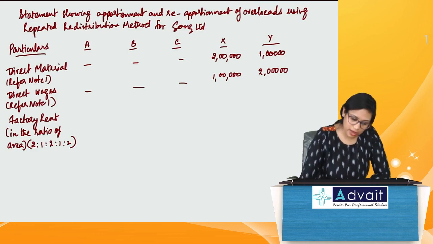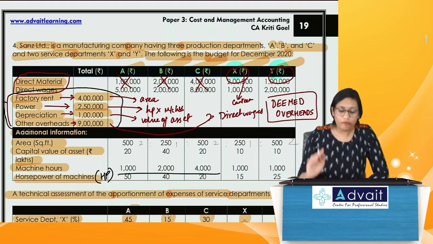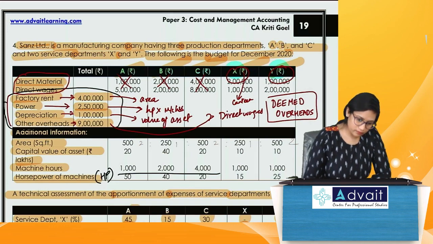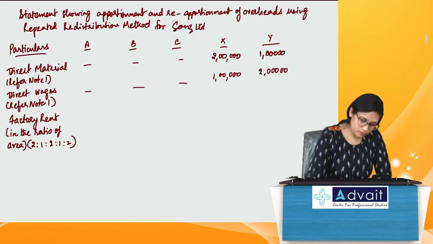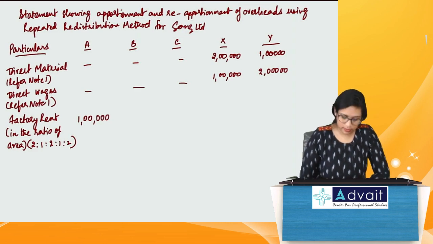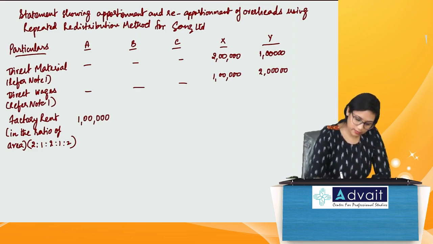How much was my factory rent? 4 lakh. Factory rent was 4 lakh. So let's divide. First one is 1 lakh.